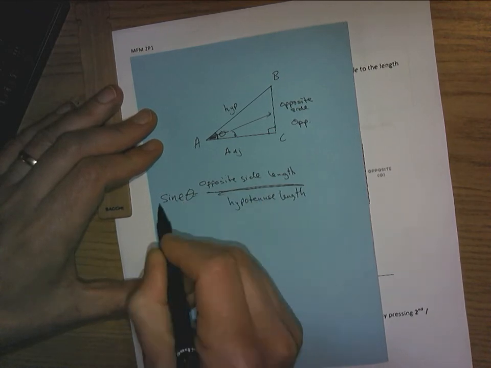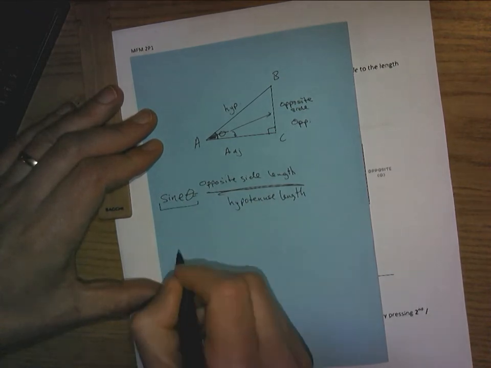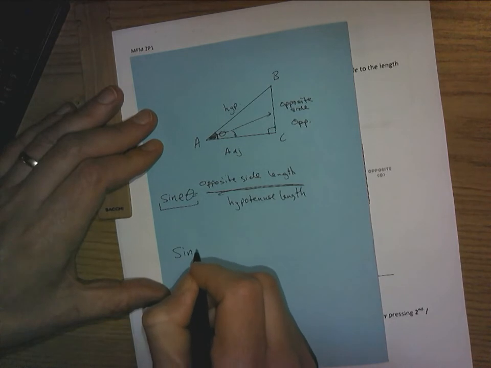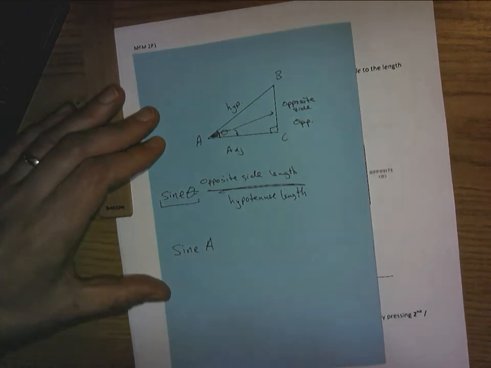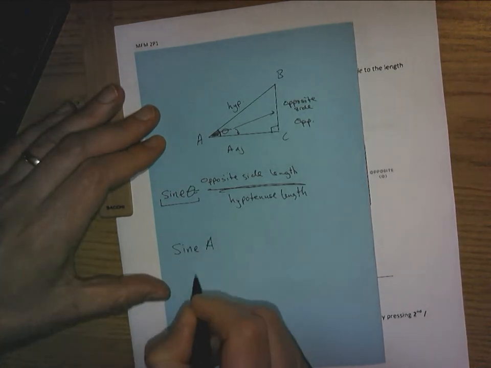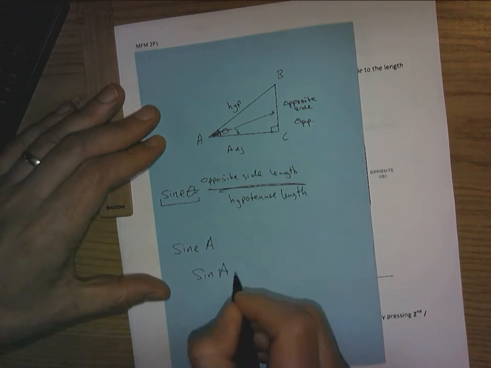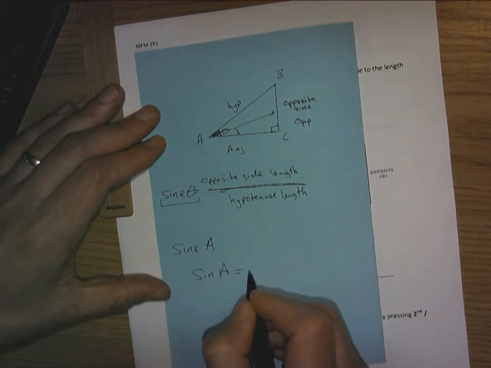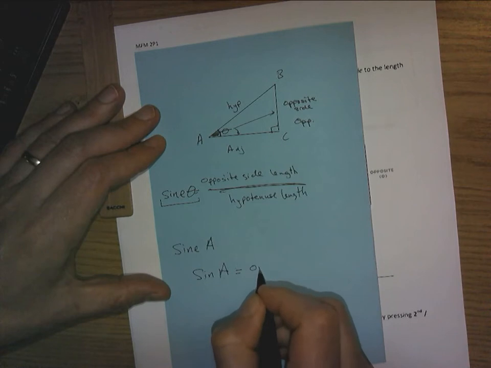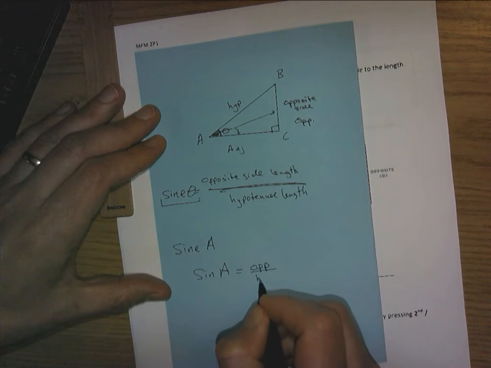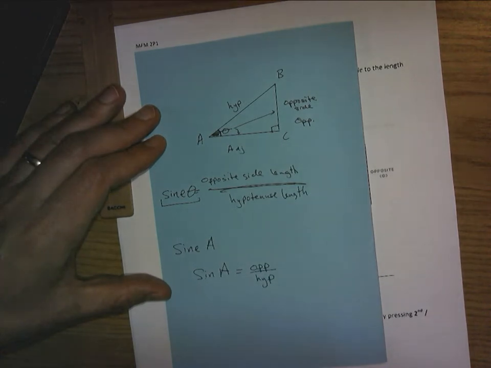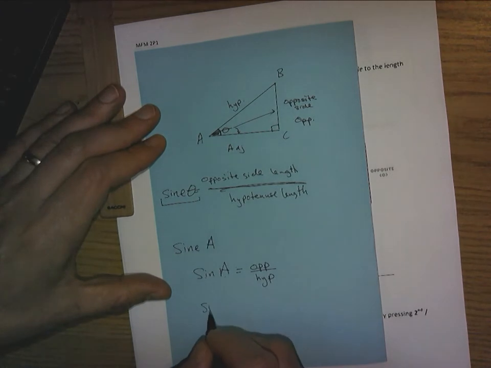Now, that's the proper way to write it. It would be sine of angle A, which is the way we should write it, but we never do. The short form is always sine of angle A. And sine of angle A is equal to the decimal that we get when we do the opposite side length divided by the hypotenuse side length. Another way that we could write this is sine of angle A, with the symbol for angle in there.